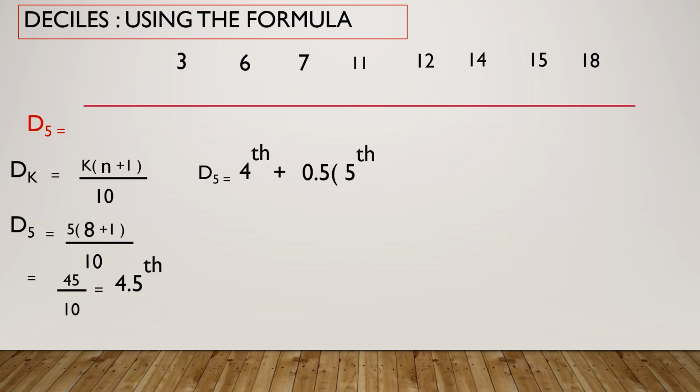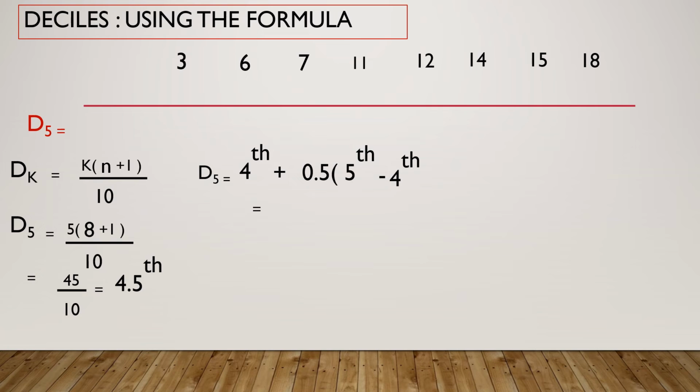The fourth plus 0.5, because this is 0.5, the decimals is always here. So 0.5 times the fifth minus the fourth. Okay.